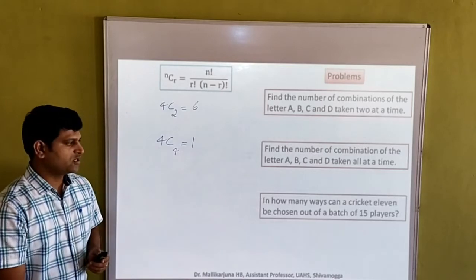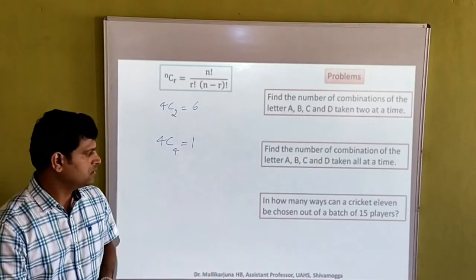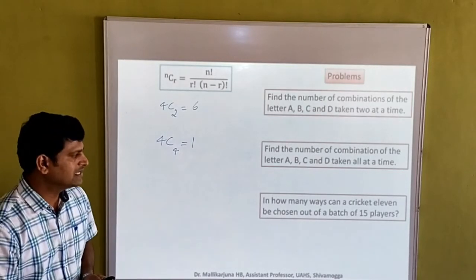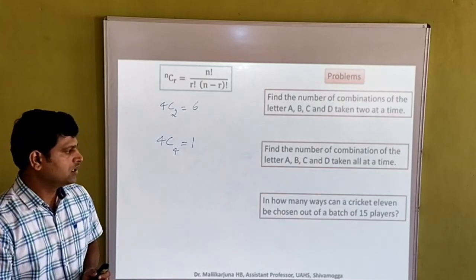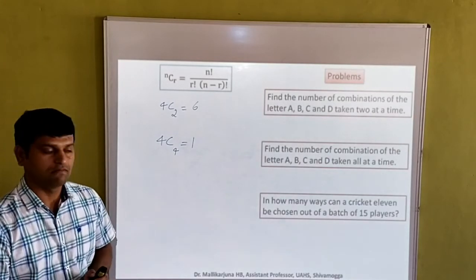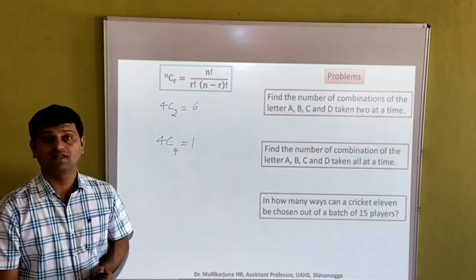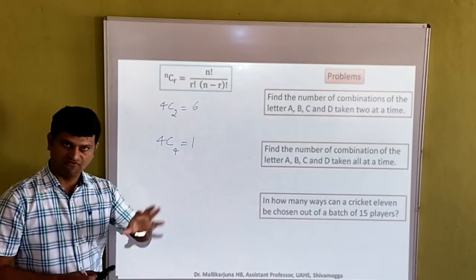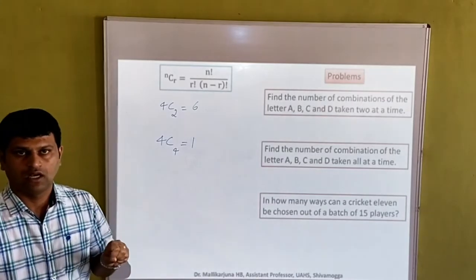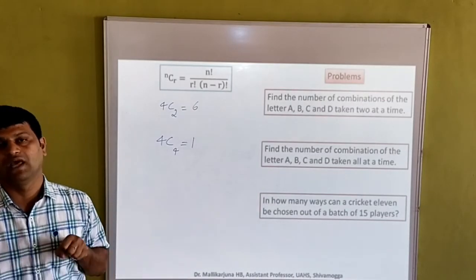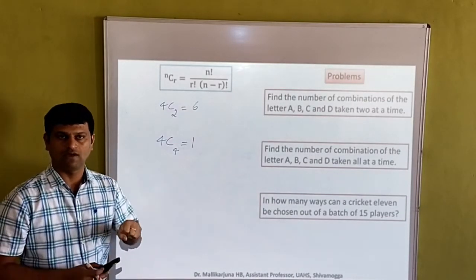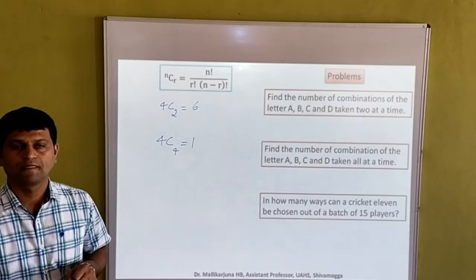And it's a somewhat different type of problem. In how many ways can a cricket team of 11 be chosen out of a batch of 15 players? There are 15 players. I have to select 11 players to have a cricket team.